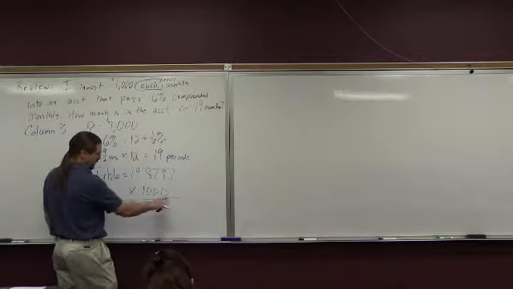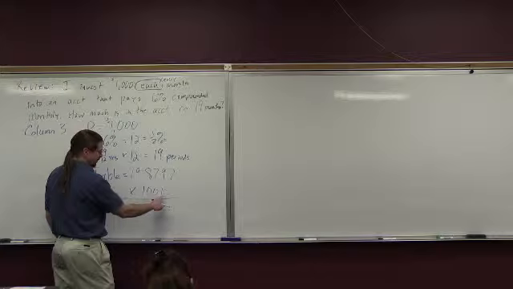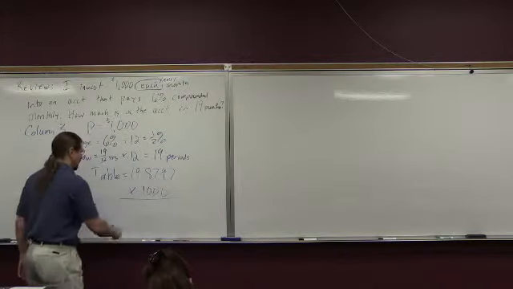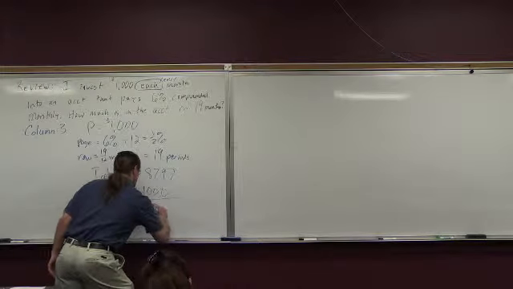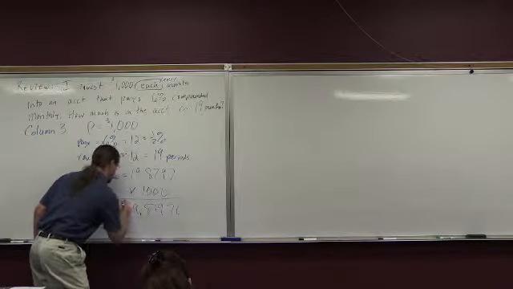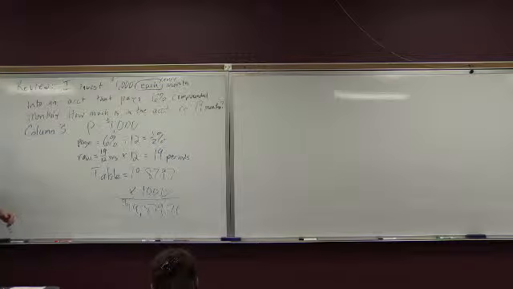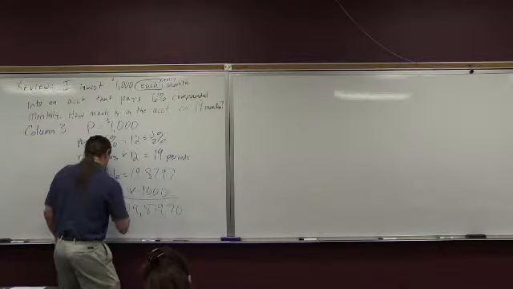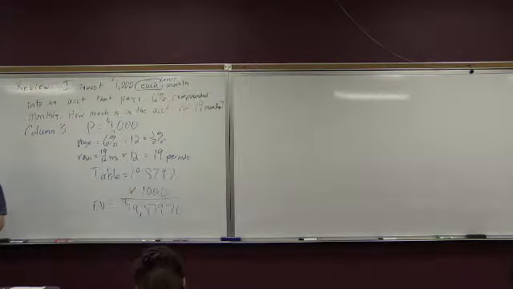When you multiply by 1,000, you just move the decimal to the right the number of times that you have zeros. And realize again that this is essentially the future value, or how much you're going to have in the account in 19 months.